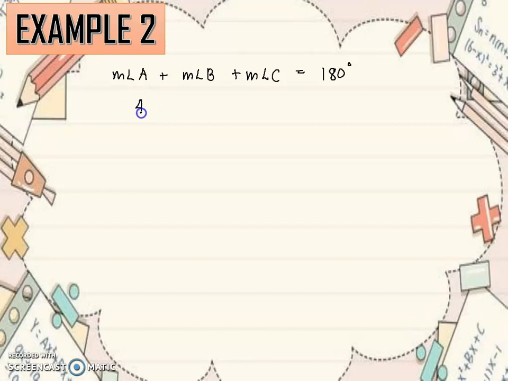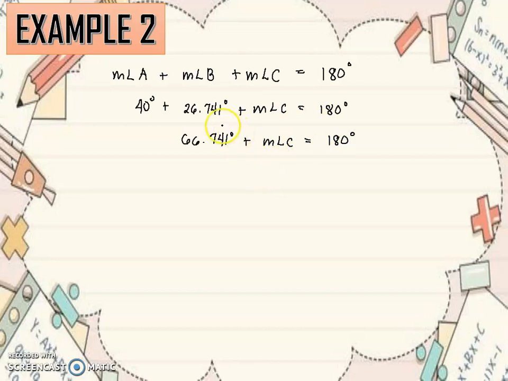Angle A is 40 degrees and angle B is 26.741 degrees, and we are looking for angle C. The measure of angle C equals 180 degrees. You add, class, 40 plus 26.741, that is 66.741 degrees, plus the measure of angle C equals 180 degrees.